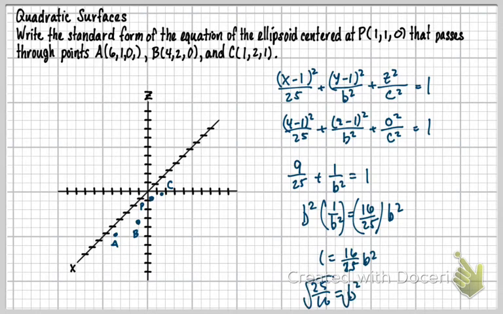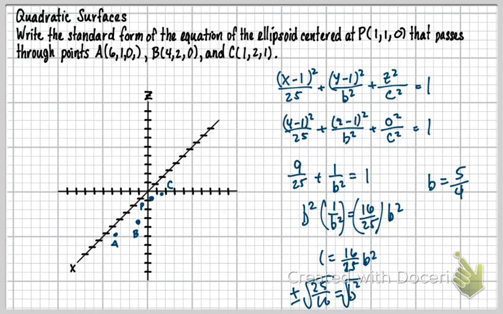I square root both sides, and B is now going to equal 5/4. And it's going to be 5/4 because it can't be the negative 5/4, because remember, when I square root both sides, it's plus or minus. Since I'm talking about an ellipse here, I need only the positive one. So my B is 5/4.